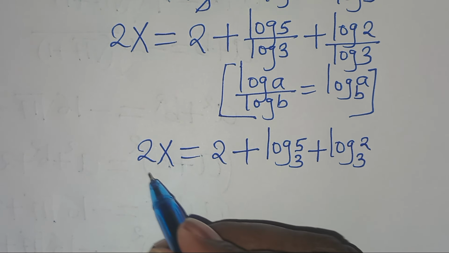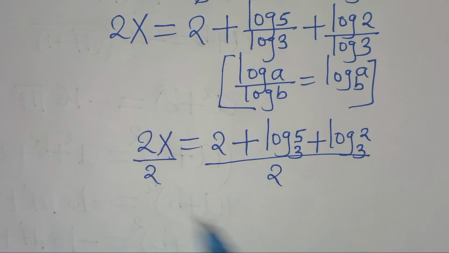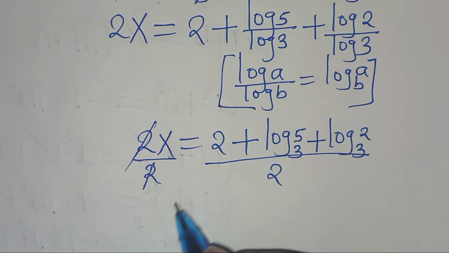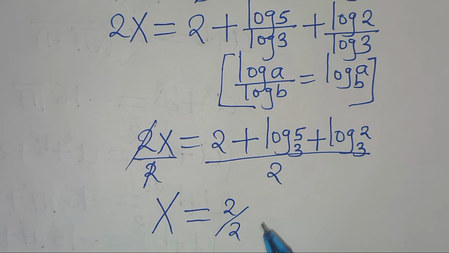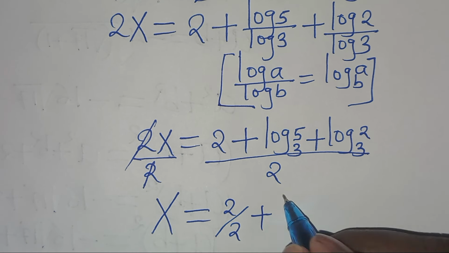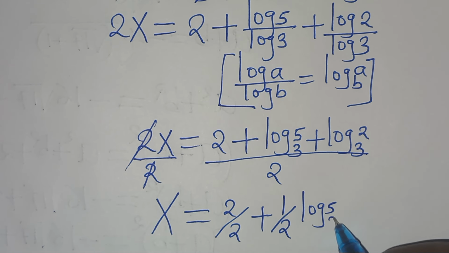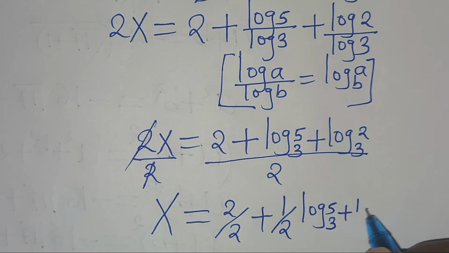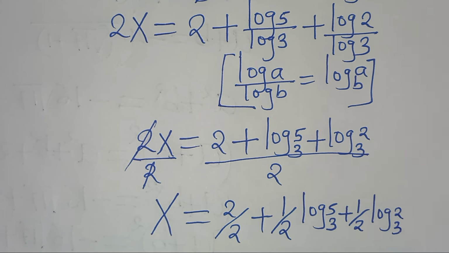The next step is let's divide everything here by 2, so that now 2 and 2 here simplifies. x will be equal to 2 over 2, then plus a half log 5 to base 3, then plus a half log 2 to base 3.